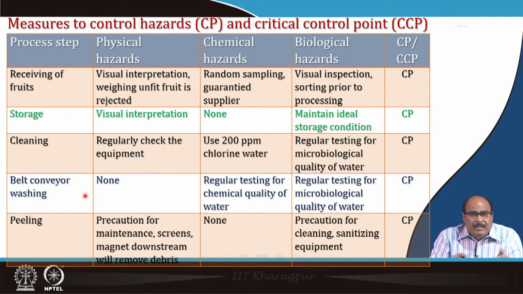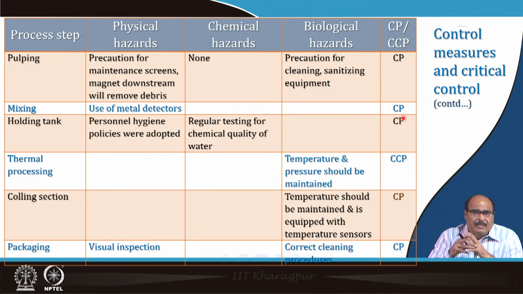In the case of peeling, again precautions for maintenance, screens, magnets downstream, etc., will prevent the physical hazards, and precautions for cleaning and sanitizing equipment, etc., will prevent the biological hazards. So, you have to follow appropriate practices, appropriate cleaning, sanitization, and other practices, use proper procedures, and make sure there is no contamination, and that whatever is done is properly checked.